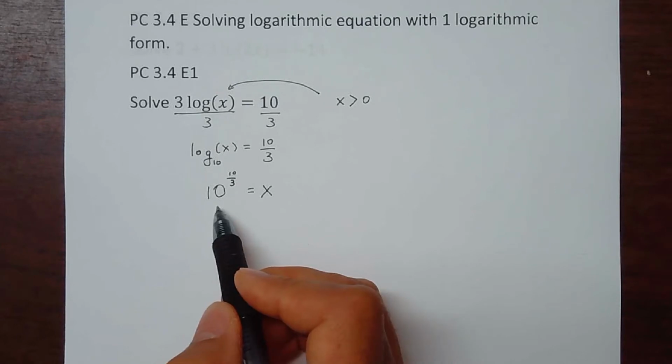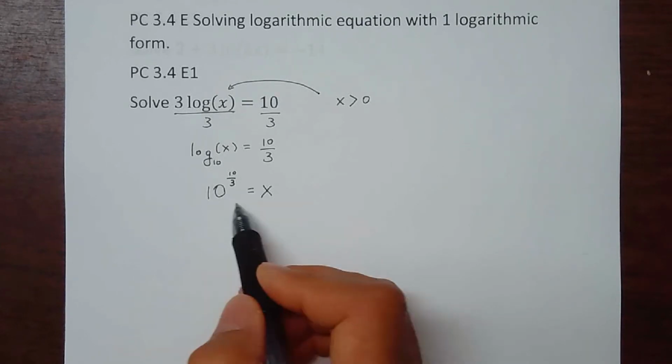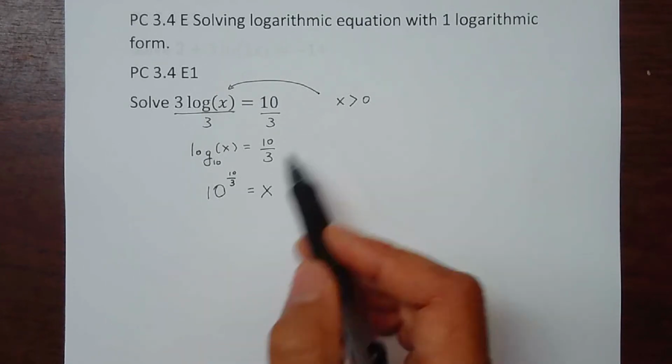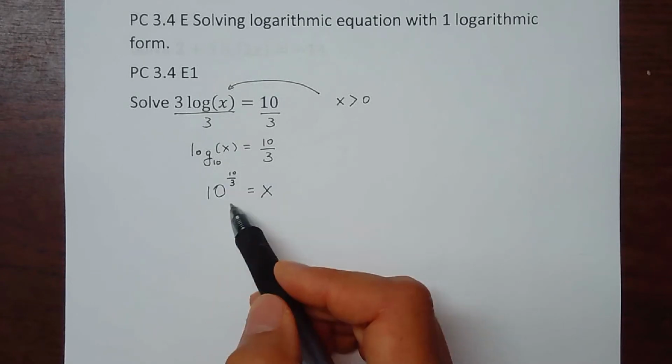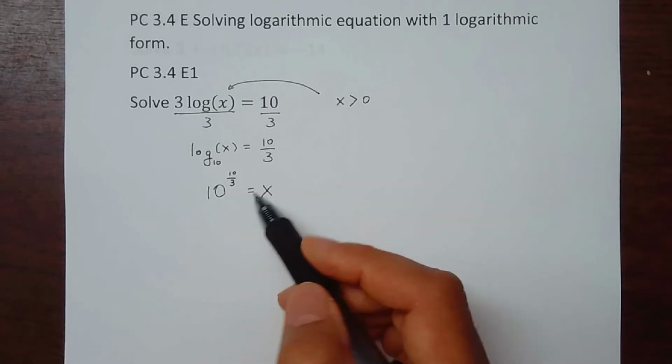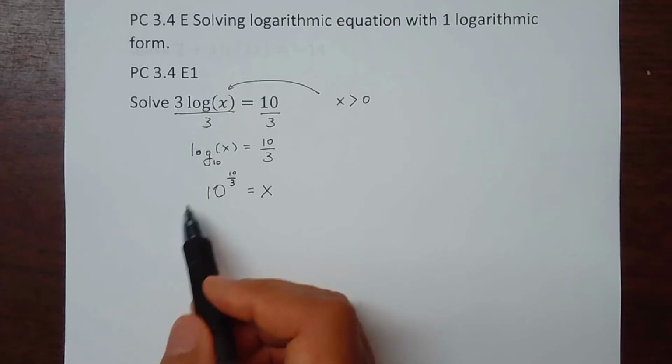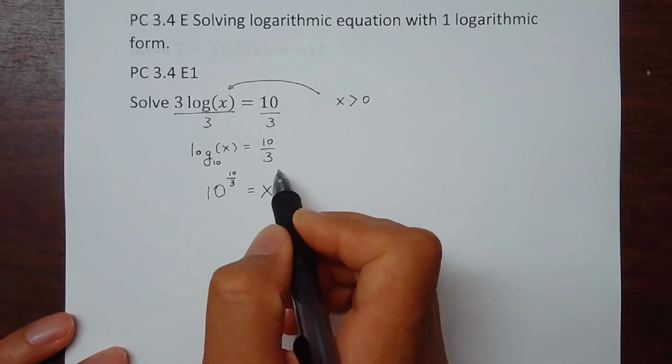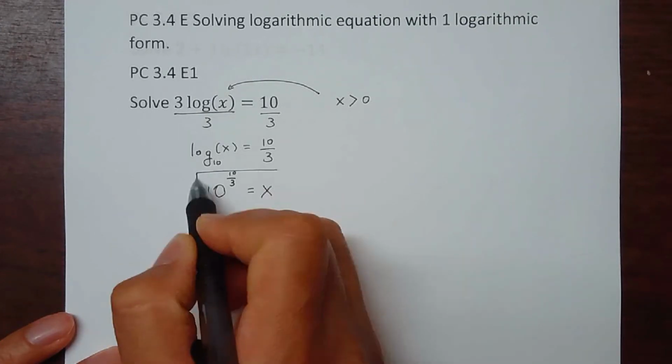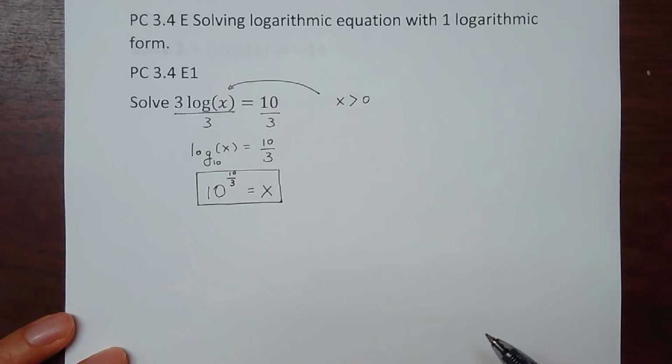And when you get the final answer of a value of x, you're always checking against it. So whatever this number is, is it greater than 0? It is. It's positive. So this is the final answer. If you need to get equivalent decimal value, you can type into the calculator, get the answer.